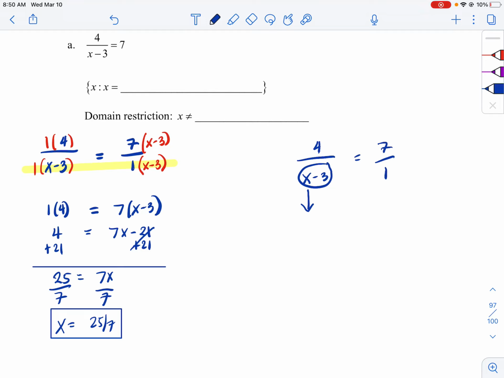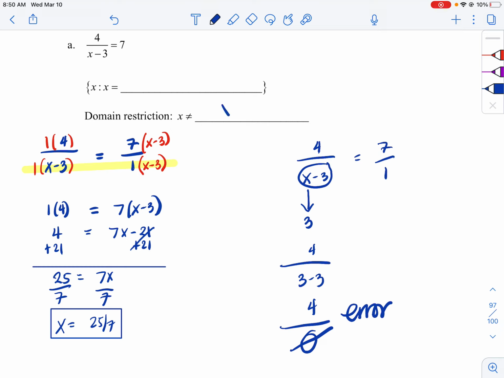Because when that specific value is plugged into the x, we're going to get 0. And that value is a positive 3. Because if I plug in a positive 3 in here, 3 minus 3 is 0, and that is going to be 4 divided by 0, and this is an error.